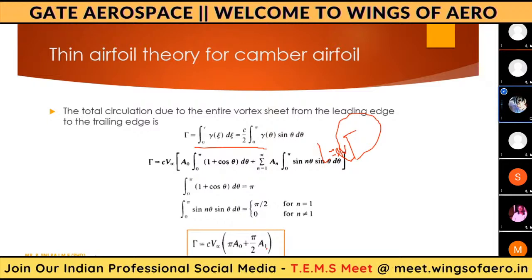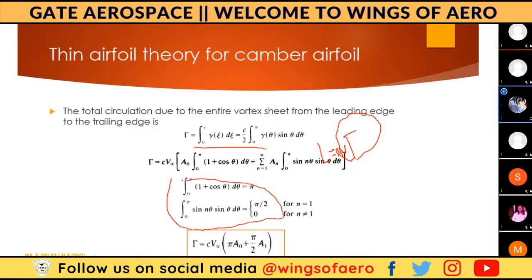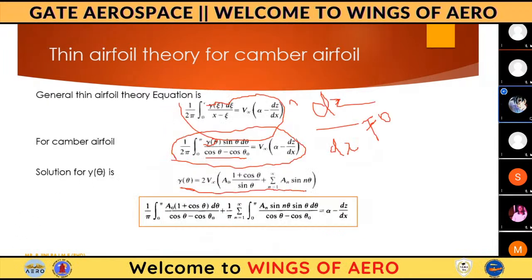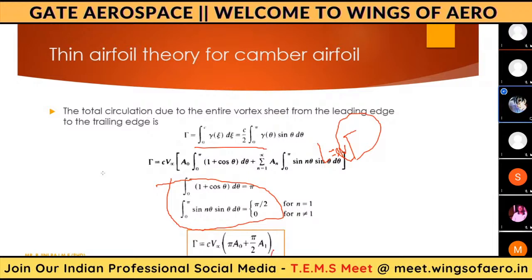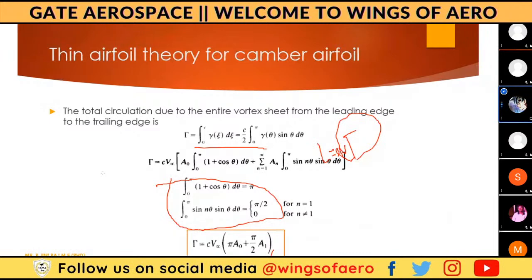So you don't need these derivation parts. But you need to know these trigonometry functions, the gamma of theta value, and also the final equation for the circulation value, gamma equal to c into v infinity into... Because for a symmetrical aerofoil you have one specific formula, and here also we have one specific formula. This is the formula for circulation.